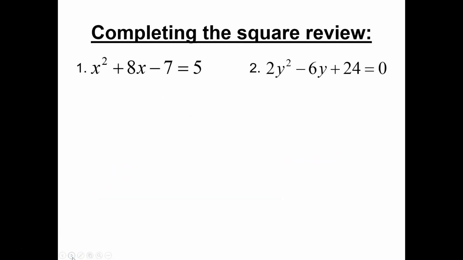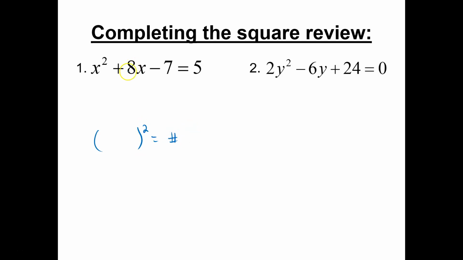So let's do a little completing the square review, because you have to be able to complete the square to be able to do these problems. When we complete the square, we go through a process of trying to write this as an equation where we've got something squared equals a number over here. That's our goal.